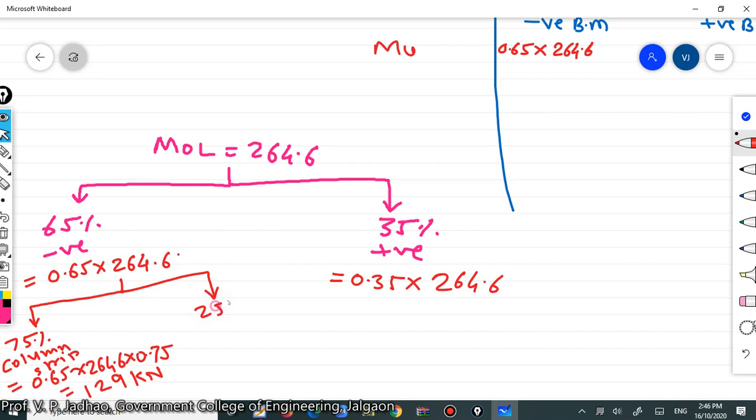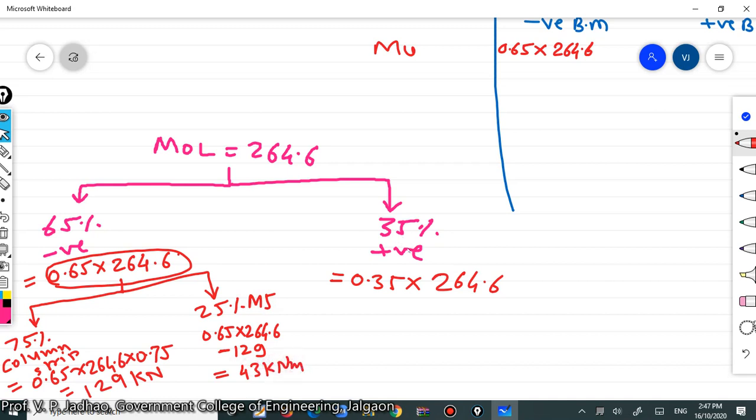Therefore for the 25%, you just deduct this value, that is 0.65 into 264.6 minus 129. This much bending moment, that is 25% of this value, will be taken by your middle strip. So this comes out to be 43 kilonewton meter.